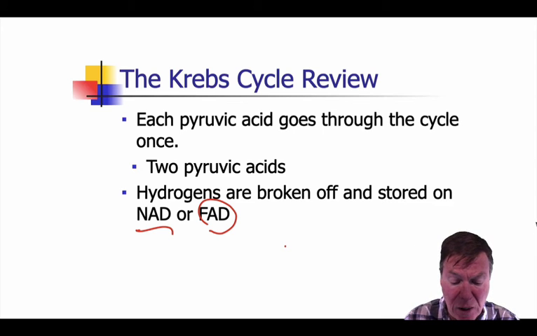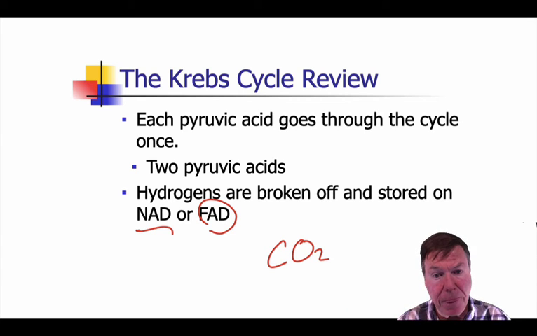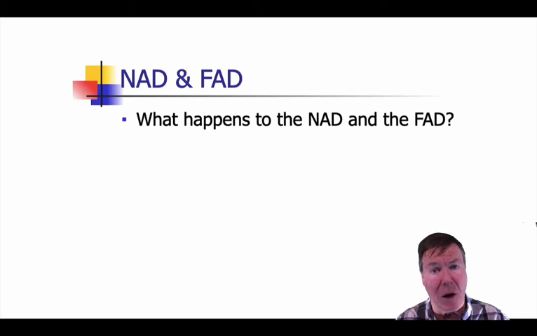Plus, we're exhaling carbon dioxide because we're breaking off carbons, and you exhale that carbon dioxide every time you breathe out. It's a waste product of metabolism. So the question is, what happens to the NADs and FADs? I've explained to you where the carbons go, and I've explained to you, you exhale them.